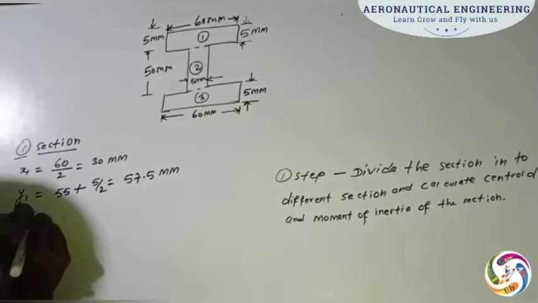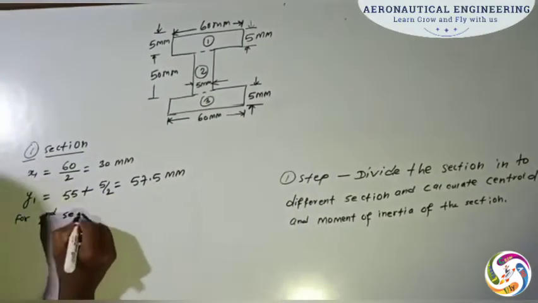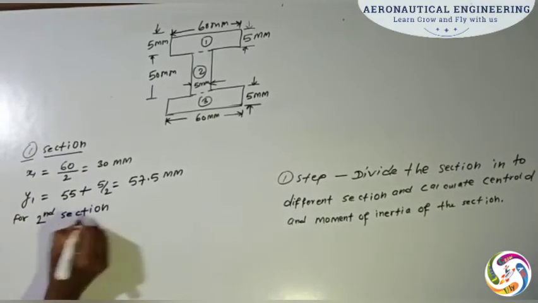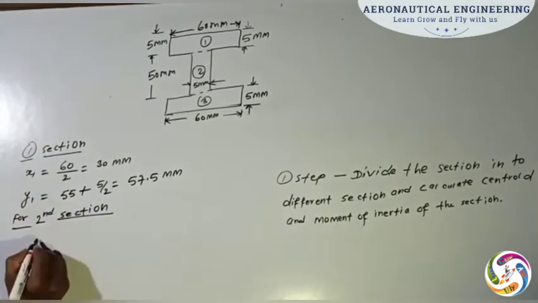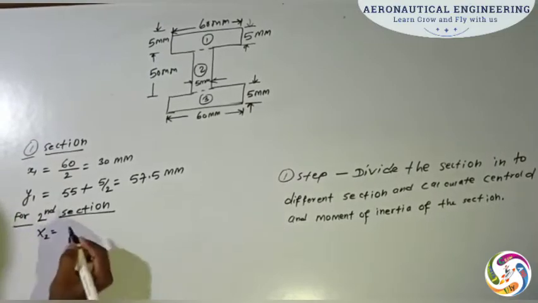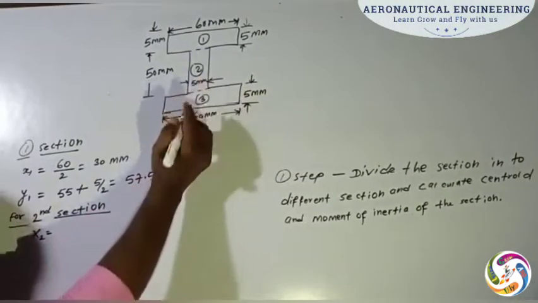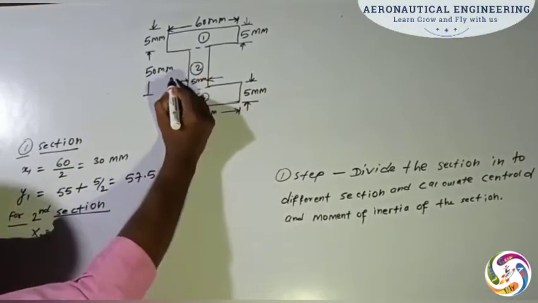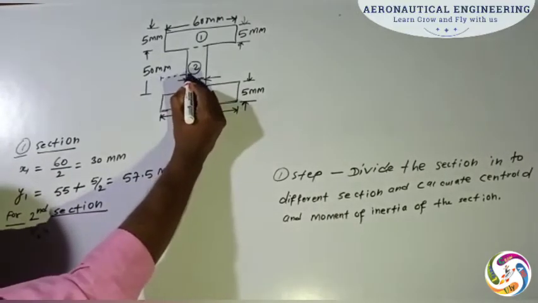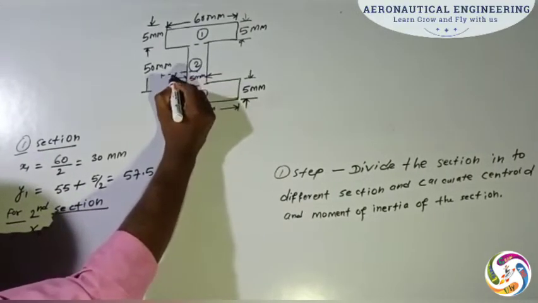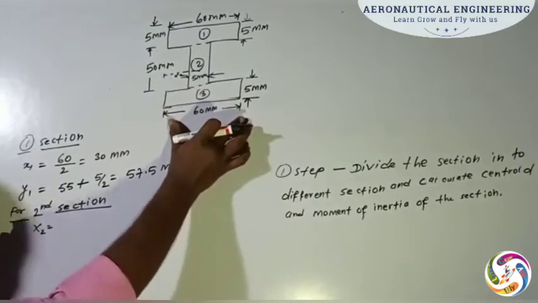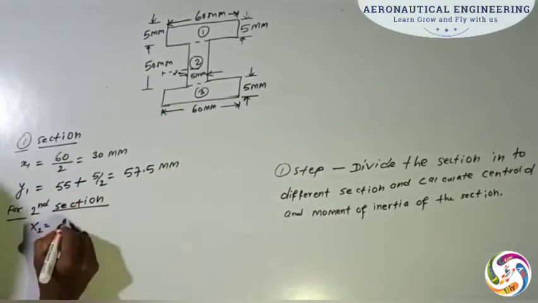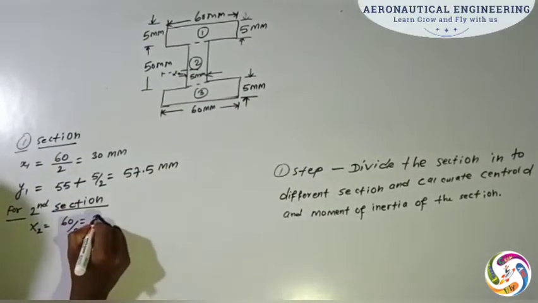For the second section, x2 equals, this one is the second section, so if we are calculating the x2 value, up to here, this total is 60. 60 by 2 becomes 30 mm.